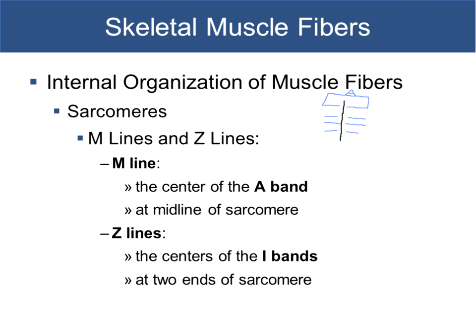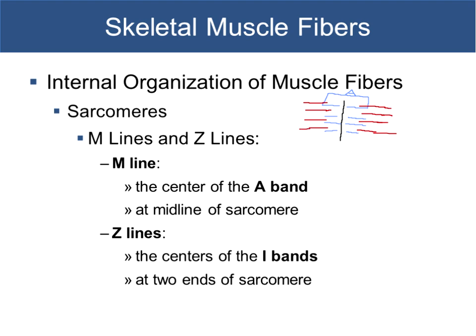Let's change colors one more time. Let's go with red here. So then out this way, these would be my thin filaments that are in red. And they overlap with the thick filaments just a little bit. So there's a little bit of overlapping that happens there.